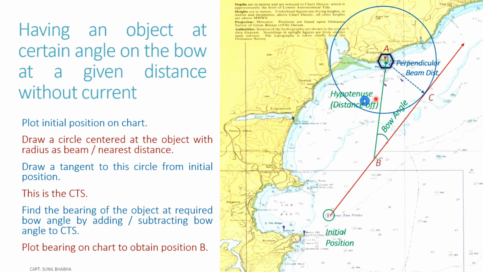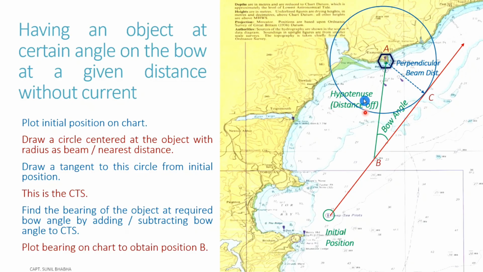Now there is one more way with which you can find out the position of point B. That is, instead of plotting this bearing line, after you have plotted the CTS here on the chart, you can mark an arc which is centered at the lighthouse and having a radius equal to the distance off.